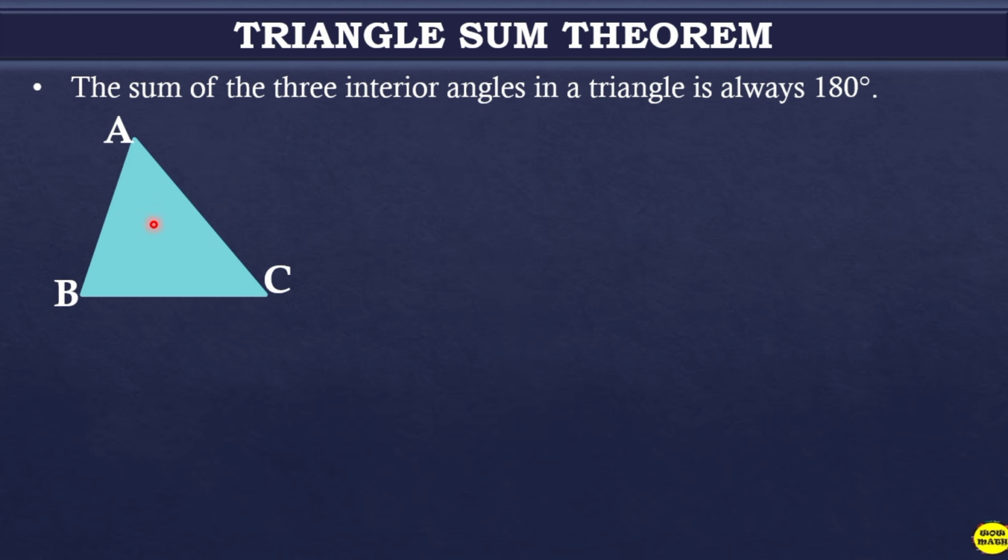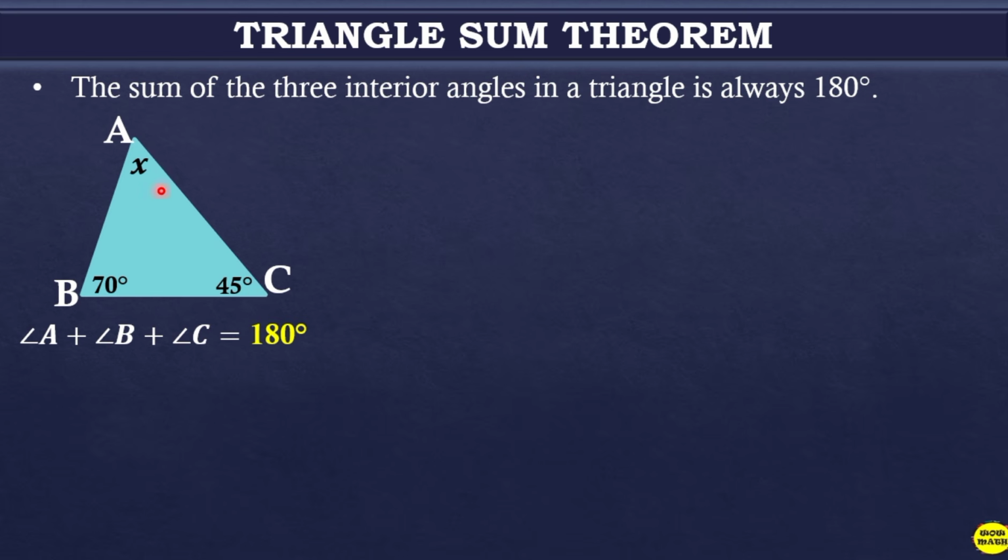Okay. So, halimbawa po, meron akong angle A, angle B, and angle C. So, dapat pag pinagsama-sama natin, inadd natin yung measure ng tatlong angles mo, dapat 180 degrees po yun. So, if I have angle B is equal to 70 degrees, your angle C is equal to 45 degrees. Okay?